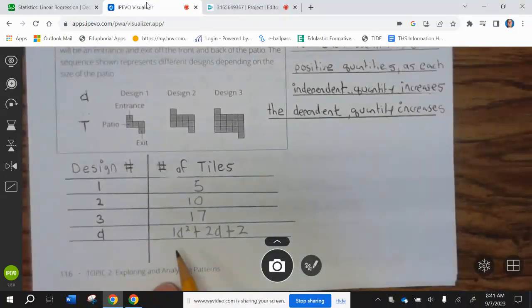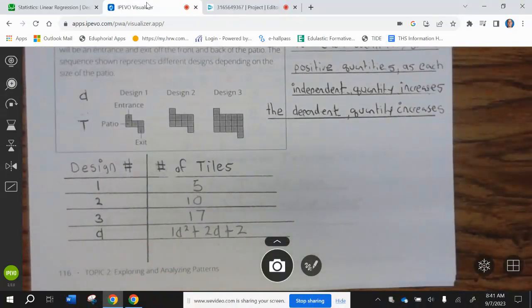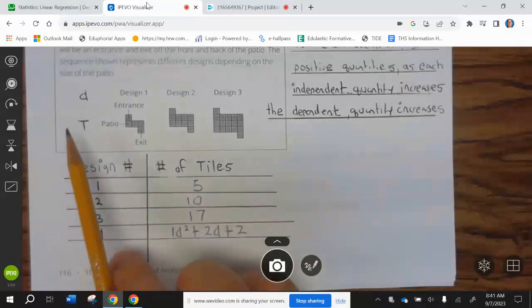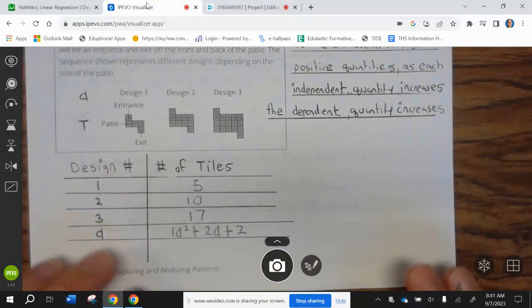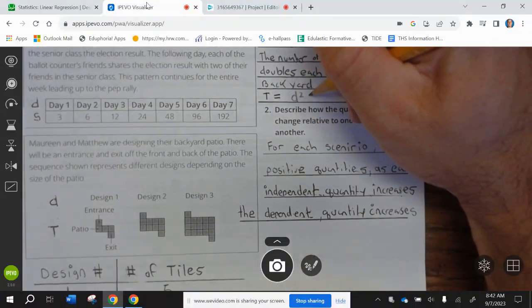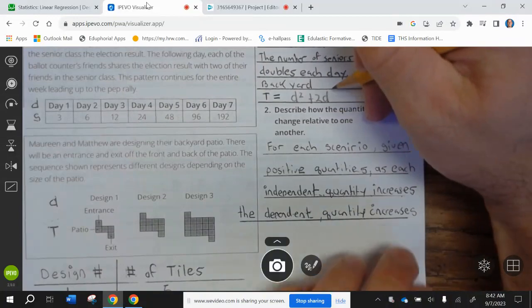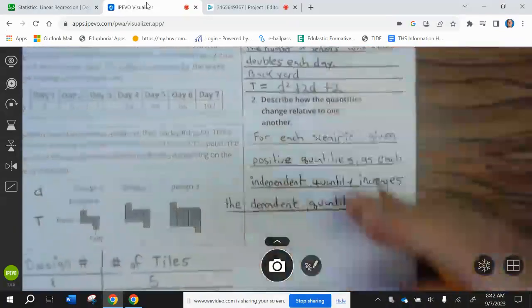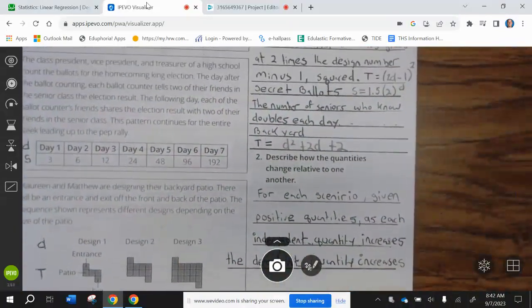Where they use x, we're changing x to d because that's the variable we're using. All right? So t equals d squared plus 2d plus 2.